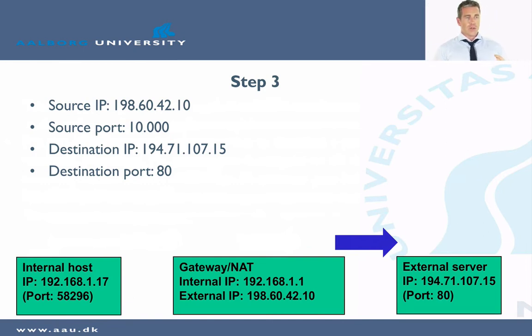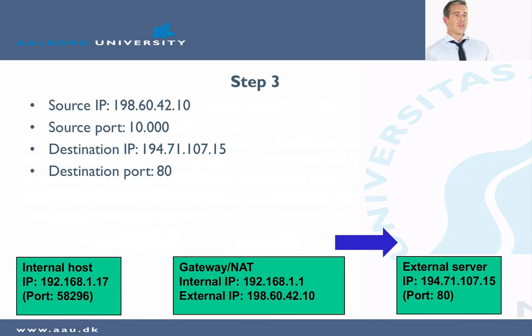Because when the packet is returned to the gateway, because the source port is 10,000, the NAT or the gateway will look up 10,000 in the table and know which internal host to send it to. So then the packet is sent to the external server, now with this source IP and source port, and the destination IP and destination port that were not changed in the gateway.